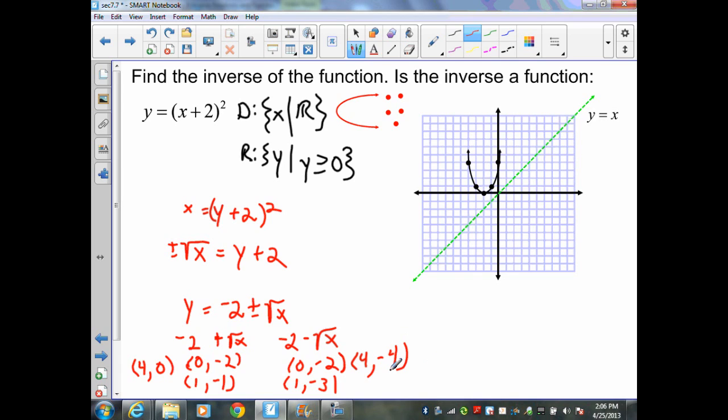Now I can plot those ordered pairs. And when I do, I'm going to get 0, negative 2. I'm going to get 1, negative 1. I'm going to get a 4, 0. I get 4, negative 4.